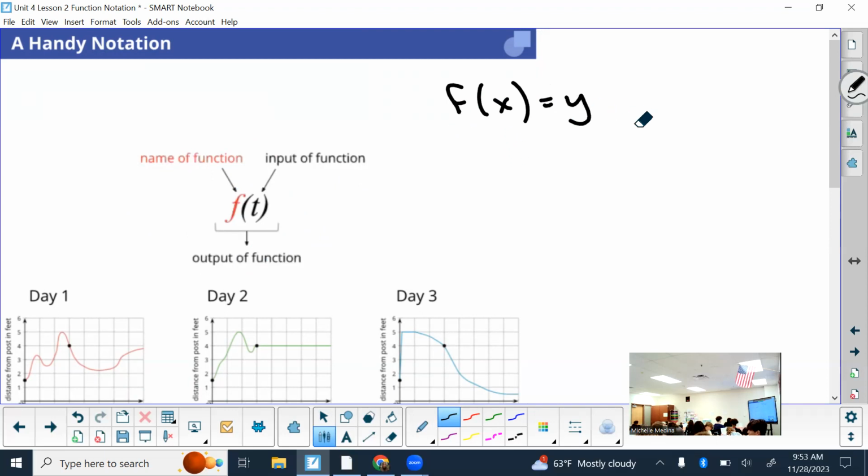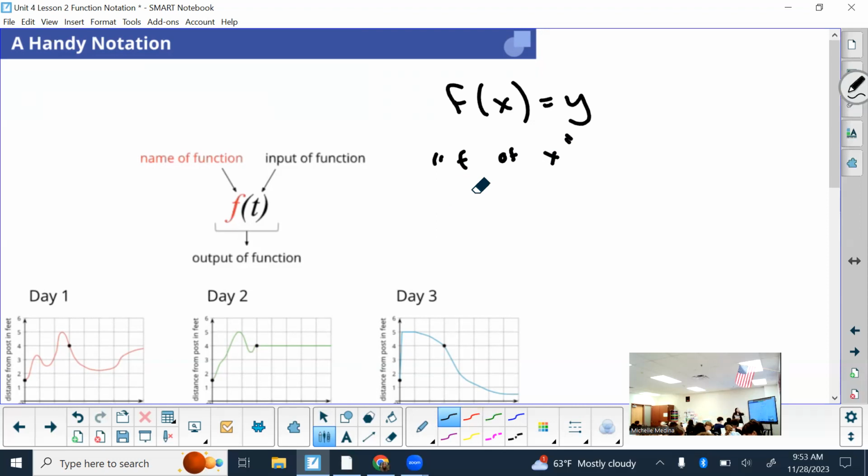So f of x equals y. The x is in parentheses. The way that we read this is f of x. It's a way to basically shorten everything I just asked you, and that's usually how they ask these things on the test, in function notation.